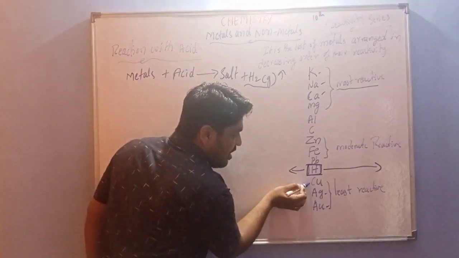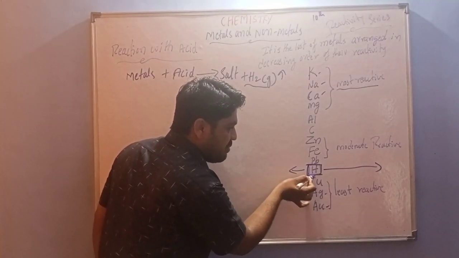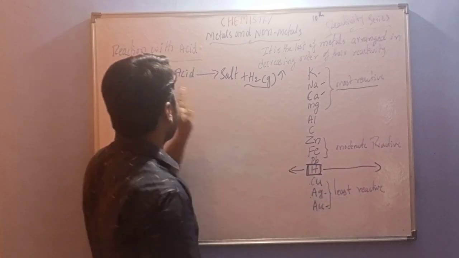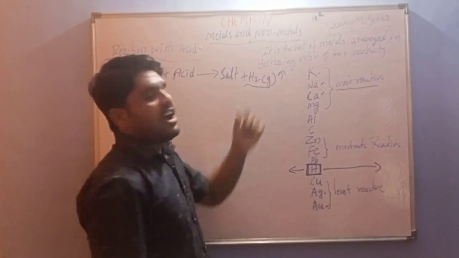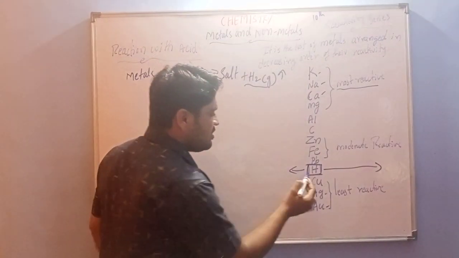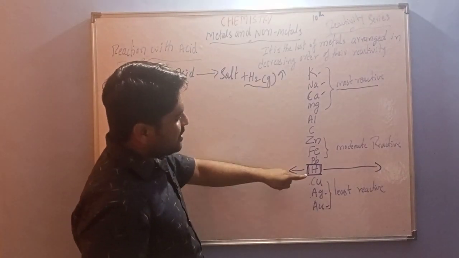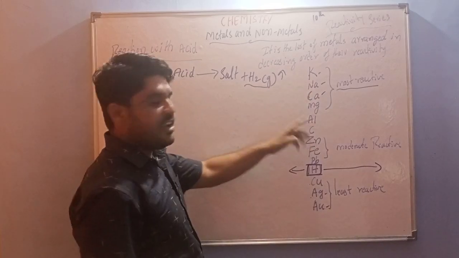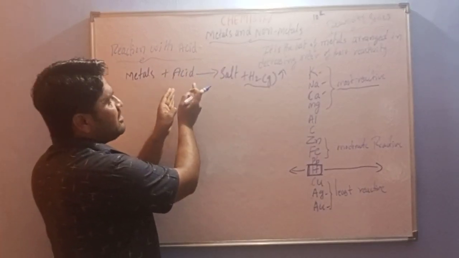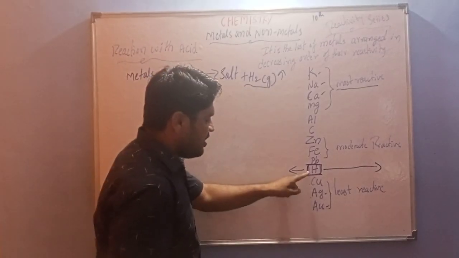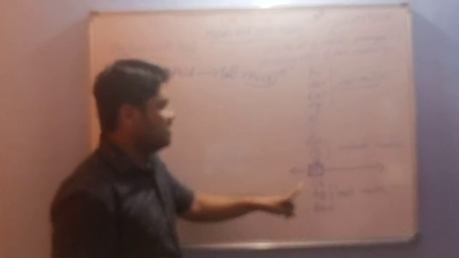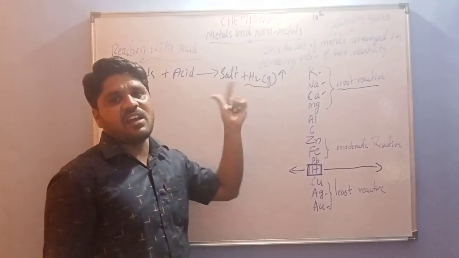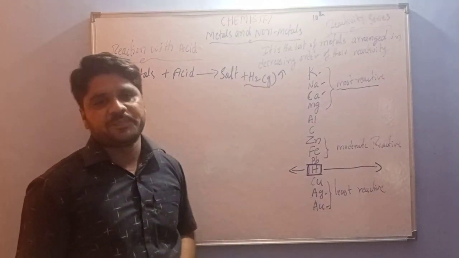But the elements below it, that means copper, gold and silver, do not react with acid and do not produce hydrogen gas. So the elements above hydrogen react with acids and produce hydrogen, but the elements below hydrogen do not react with acid and do not produce hydrogen gas. This is very important.